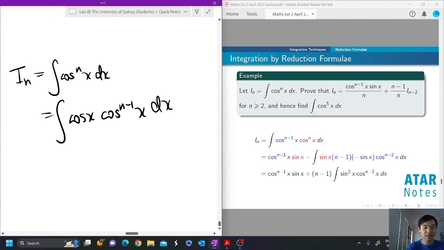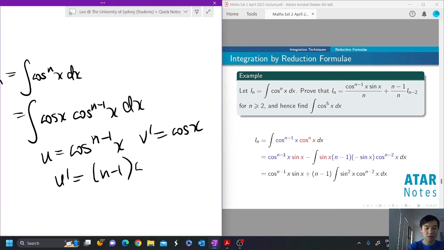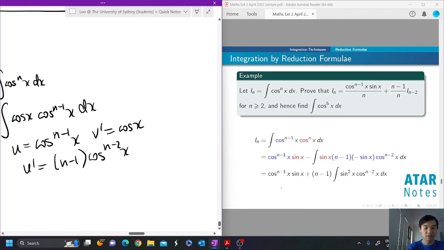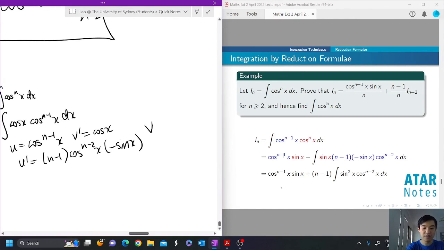Now we can let u be equal to cos^(n-1) x and v' be equal to cos x. And now we can use integration by parts. So u' is (n-1) cos^(n-2) x, but don't forget the chain rule. So it's going to have a minus sign multiplied to that, since the derivative of cos is negative sine. And for v, it's going to be sine when we integrate cos.